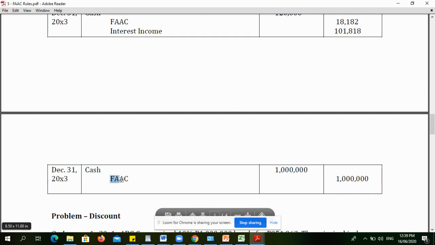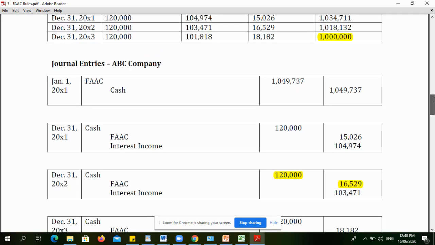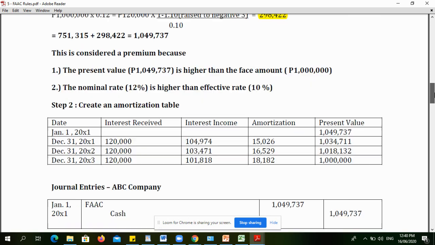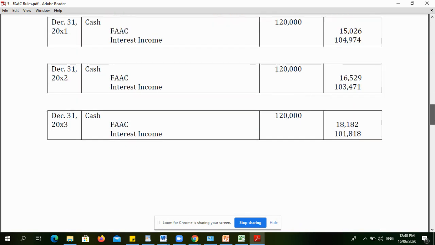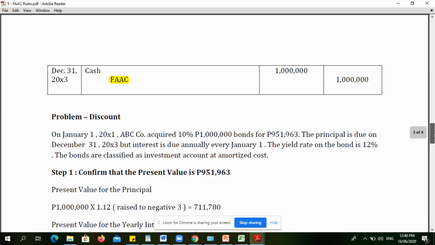And ito rin ang mangyayari at the end of the period. We credit FAAC. Kasi ang mangyayari, after ng December 31, 2003, babayaran tayo ng company na nag-issue ng bond. So, yun ang magiging effect ng FAAC. We own it sa year 1, pero at the end of the term, babayaran tayo ng cash.